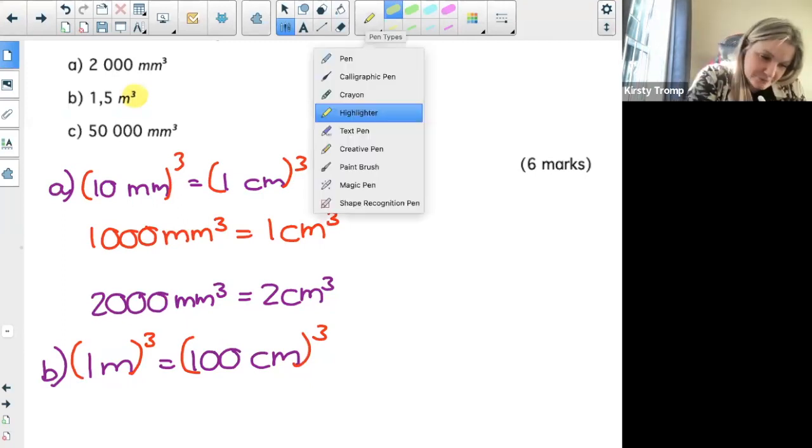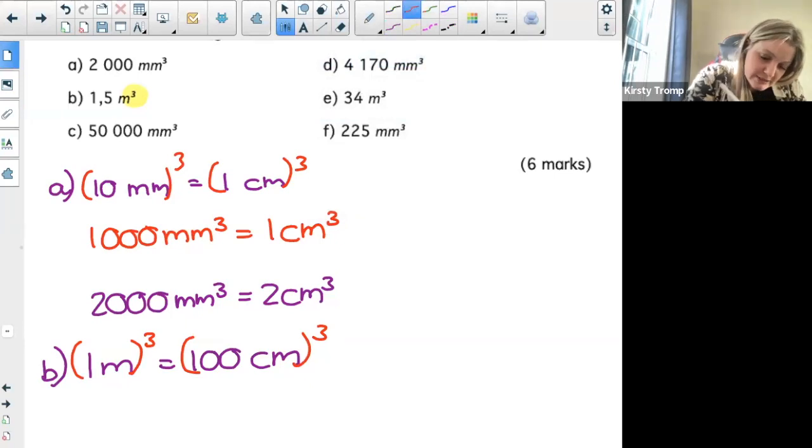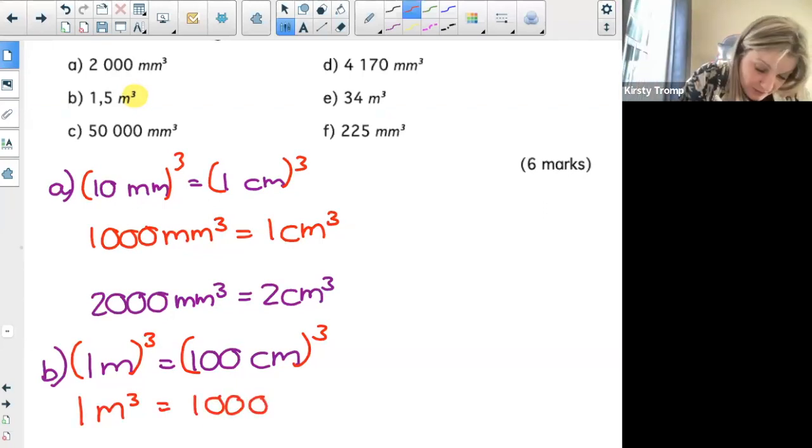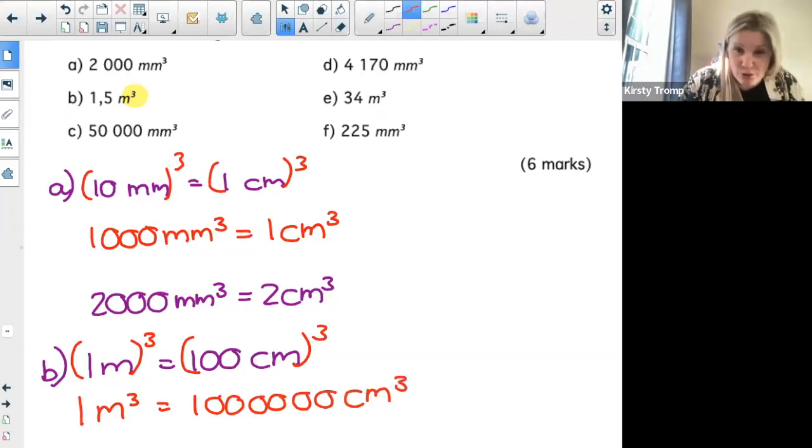So when I do that, 1 to the power of 3 gives me 1 meter cubed. 100 times 100 times 100 gives me 1,000,000 centimeters cubed.